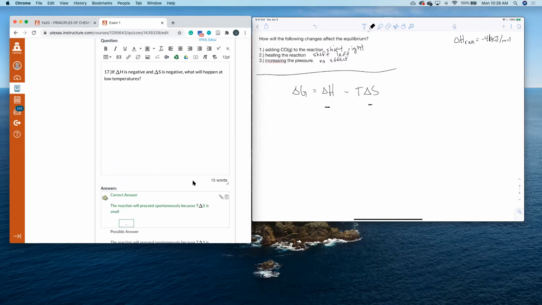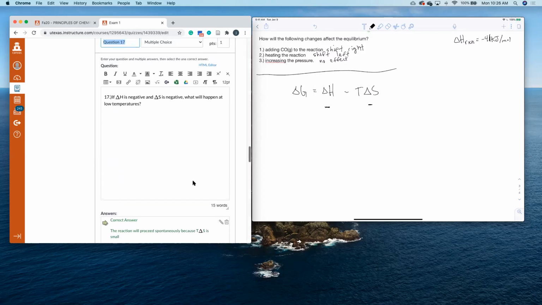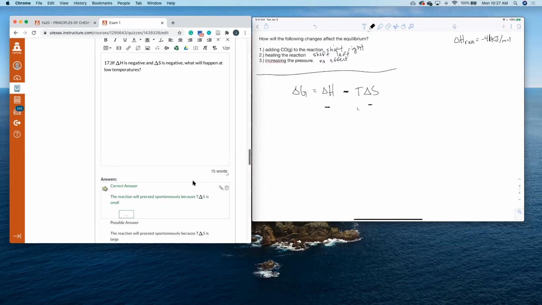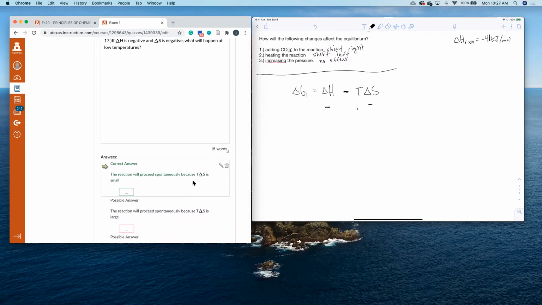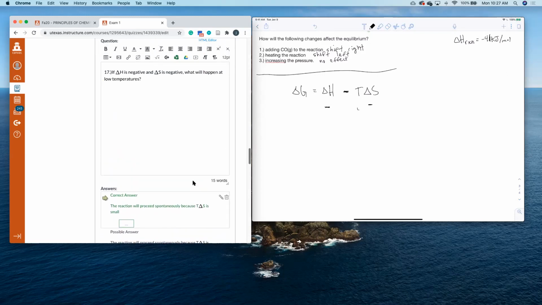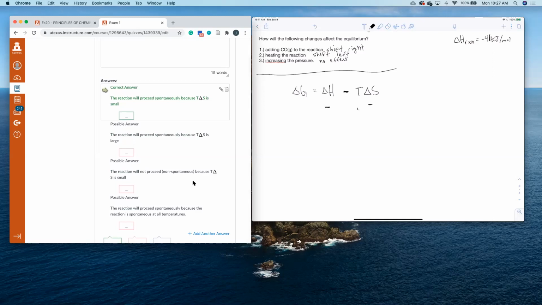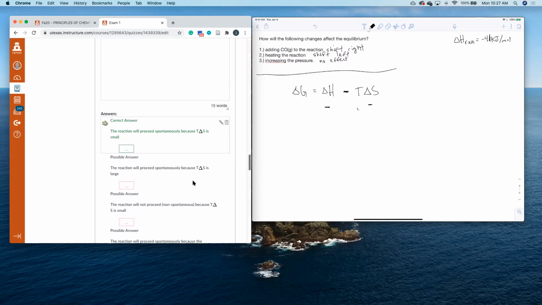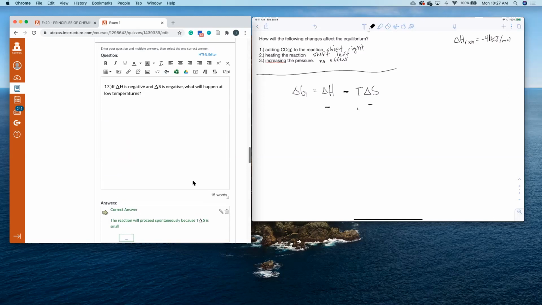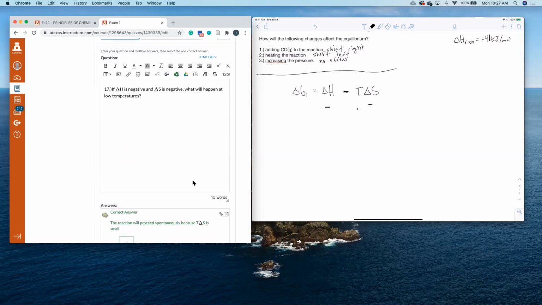Yeah, so what it's getting at here is that if delta S is negative, I don't like that language very much, but S is negative. Yeah, this is just kind of confusing.